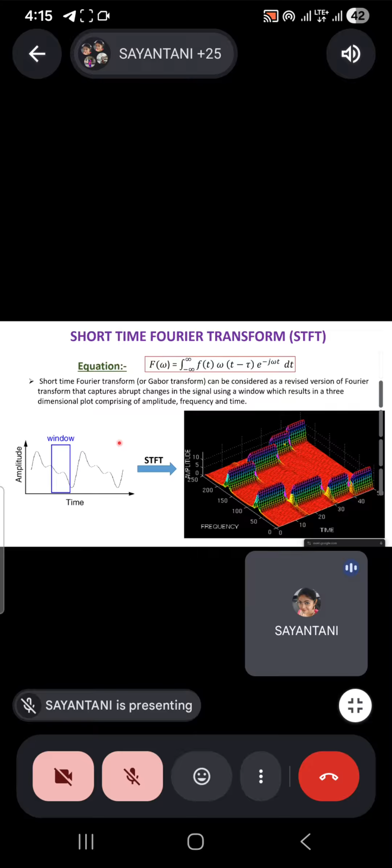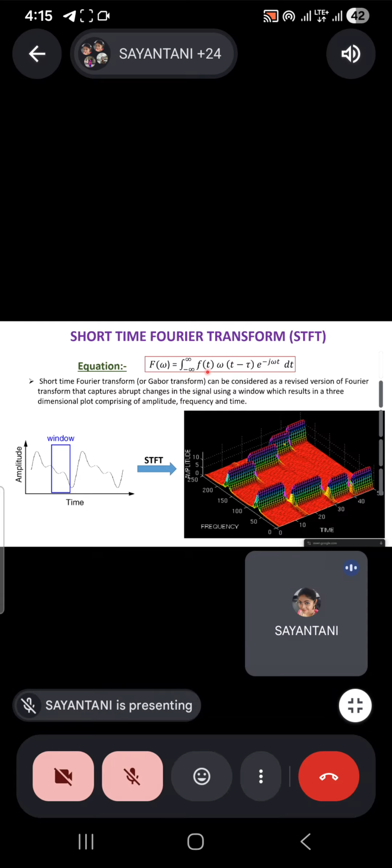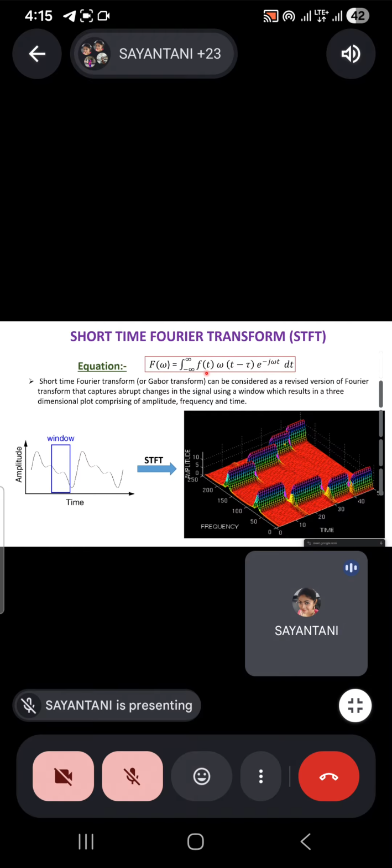Now in this transform, what we are doing is, so Fourier transform, you had seen, it's basically the integration of the time domain signal. Now with this time domain signal f(t), we are adding another term, that is omega (t minus tau). Now what is this particular term? This omega term is nothing but it is explaining a mathematical window.